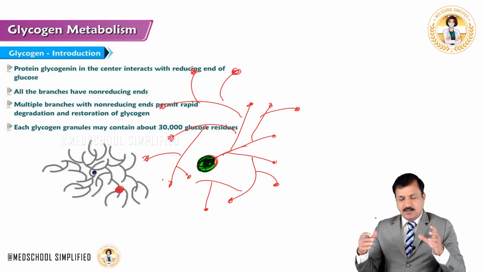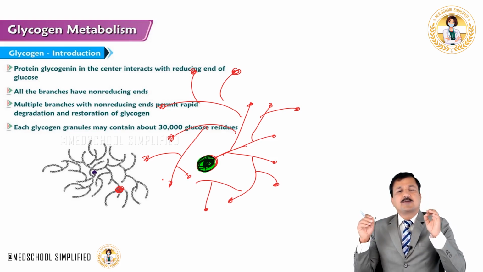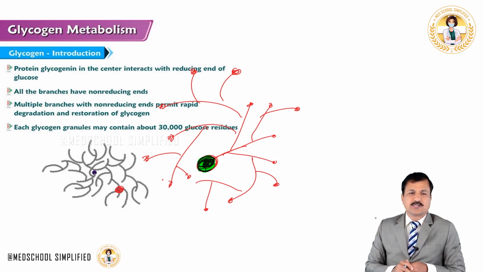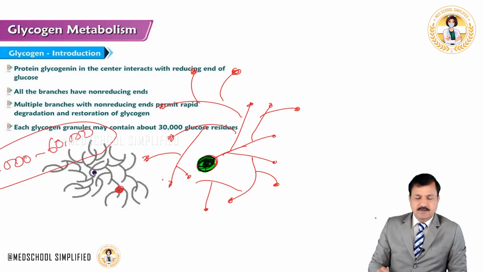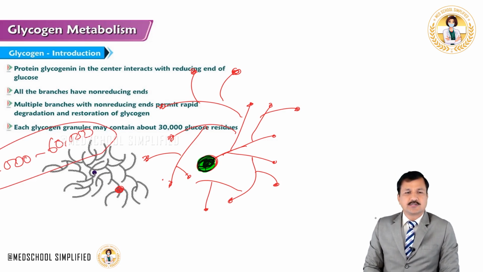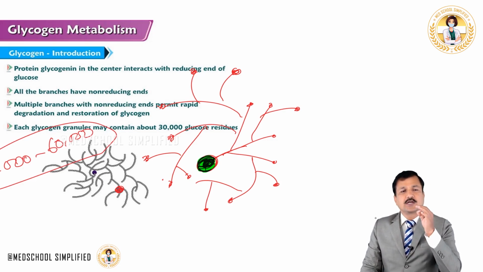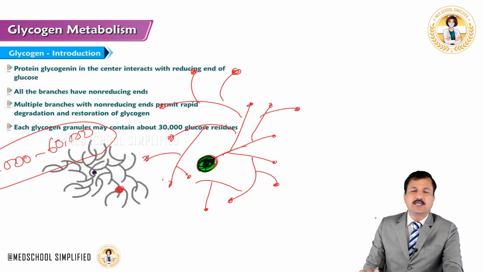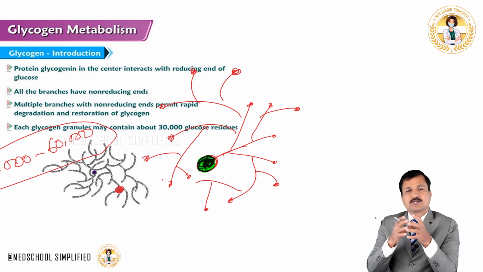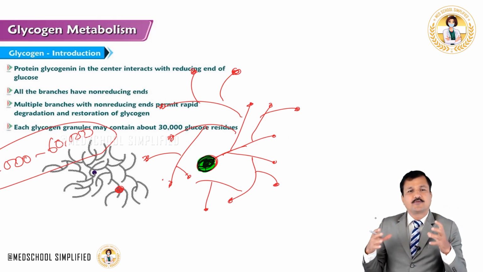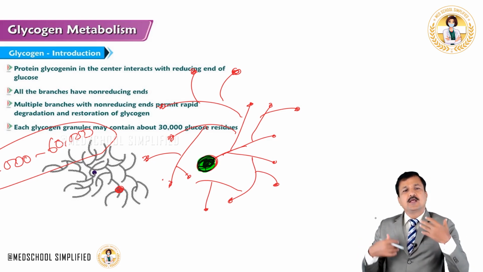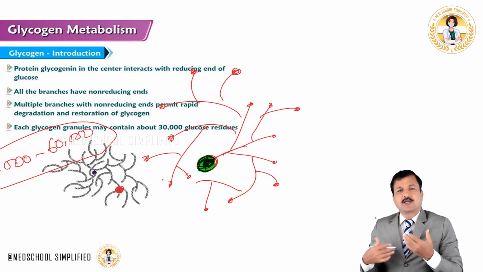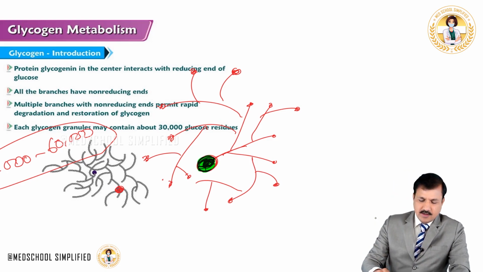Each glycogen granule contains about 30,000 glucose residues, and this number can vary from 2,000 to 60,000. These granules are present in the cytoplasm, and they are highly branched polymers of glucose, and so many branches help in rapid degradation and rapid restoration of glycogen.